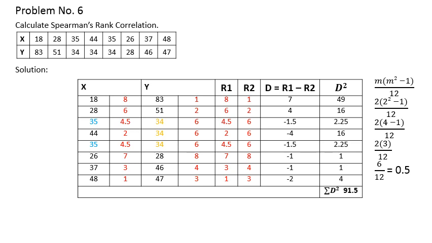You find D square: 7 square is 49, 4 square 16, minus 1.5 square 2.25, minus 4 square 16, minus 1.5 square 2.25, minus 1 square 1, minus 1 square 1, minus 2 square 4. If you add up these D square values, that becomes 91.5, sigma D square.